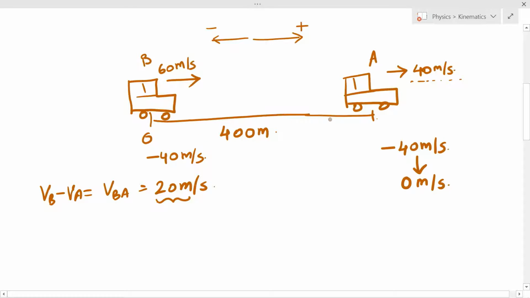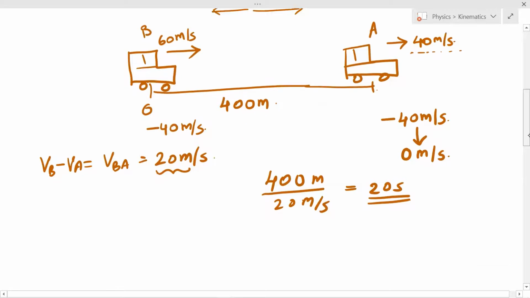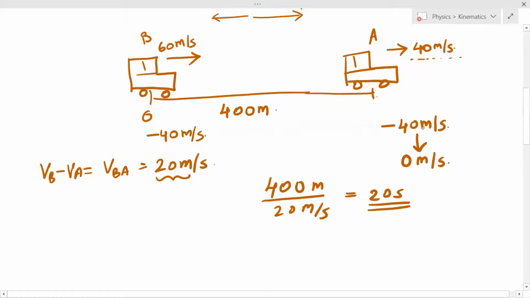Now the distance is 400 meter, so calculate the time taken, which is 400 meter divided by 20 meter per second. So this will be 20 seconds. So in 20 seconds car B will meet car A. Now what is the distance at which car B will meet car A?